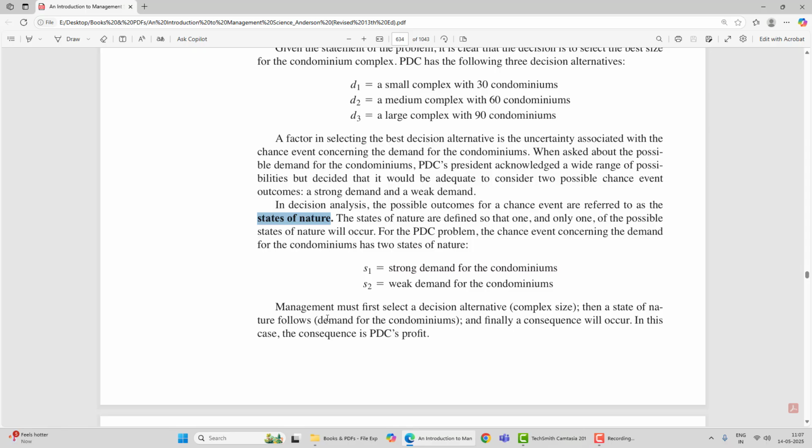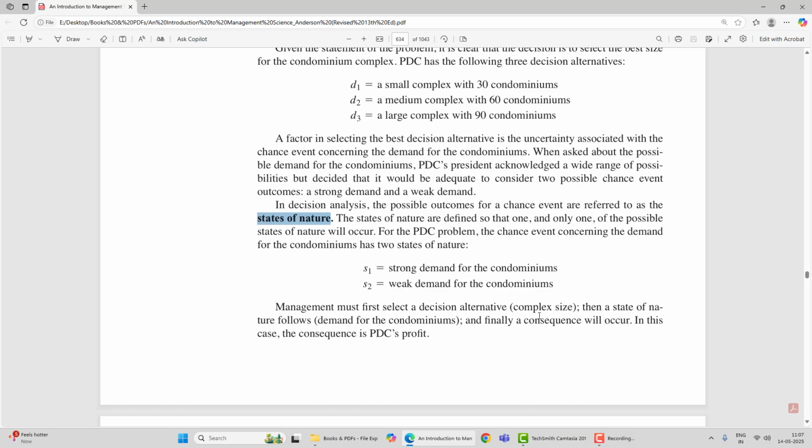Now management must select a decision alternative, that is the complex size. Then a state of nature follows, demand for the condominiums, and finally the consequence will occur. So what is consequence?